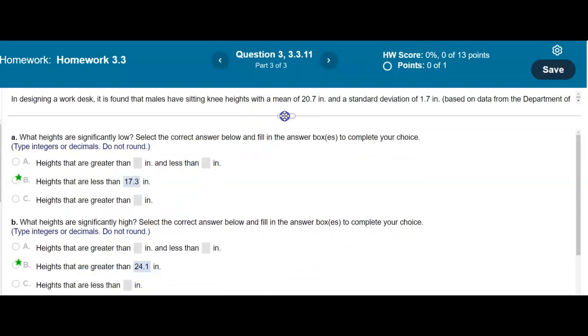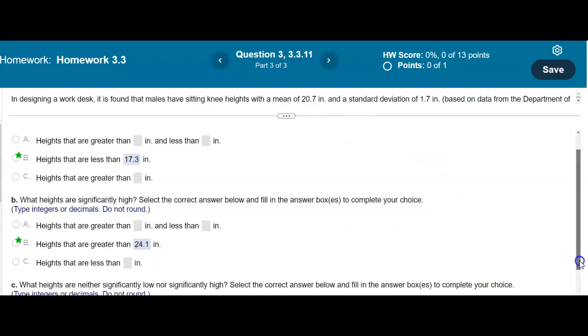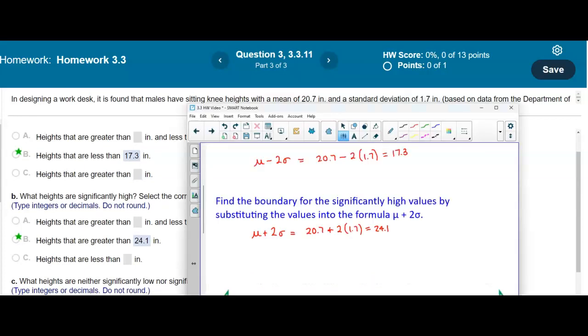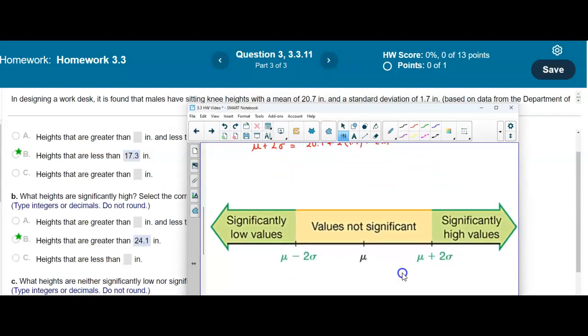Now let's take a look at the last question. The last question says, what heights are neither significantly low or significantly high? So let's go ahead and take a look at that here. If we take a look at this, we can see that our mean was 20.7.